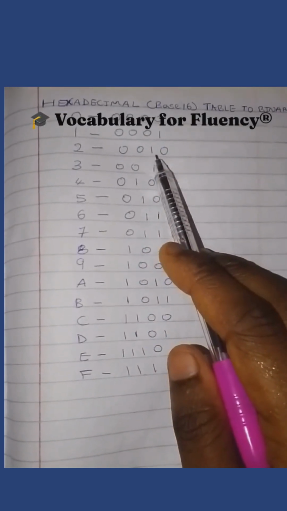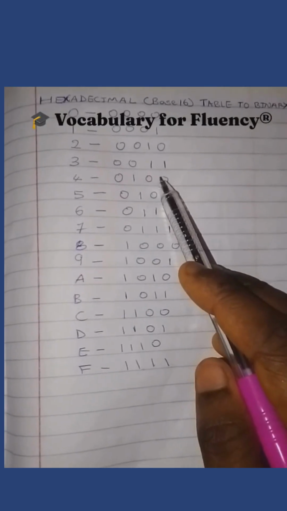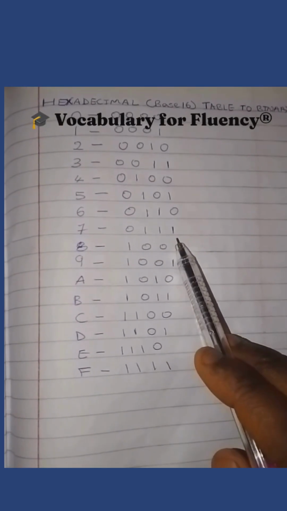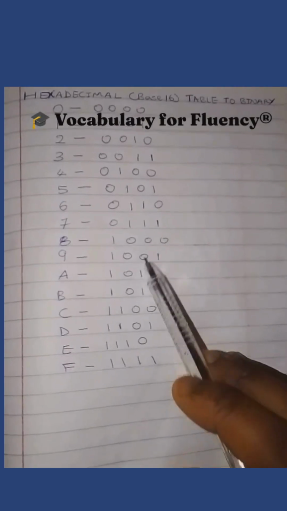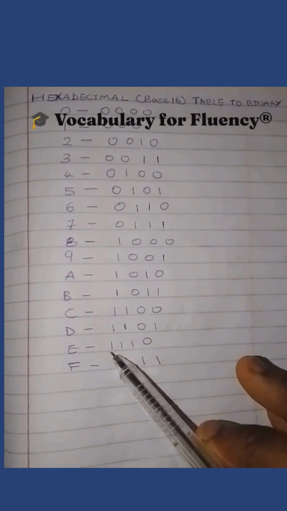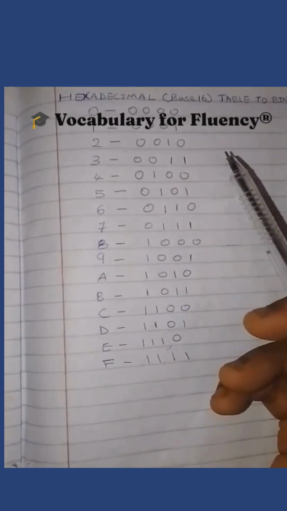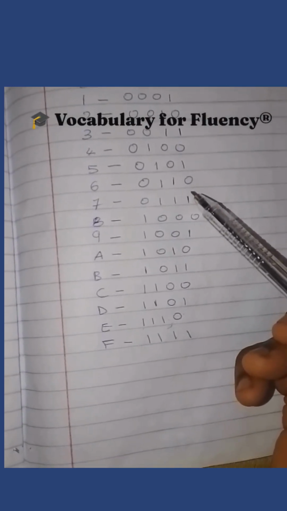0, 1, 0. Okay. Where can we find it? Here it is. 0, 1, 1, 1. This is E. And then the other 1, 1, 0.